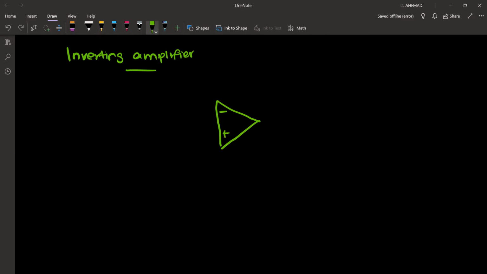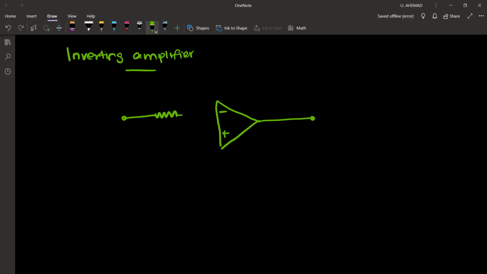We call the negative the inverting terminal. So in an inverting amplifier, we provide the input to the negative terminal. Okay, we provide the input to the negative terminal.